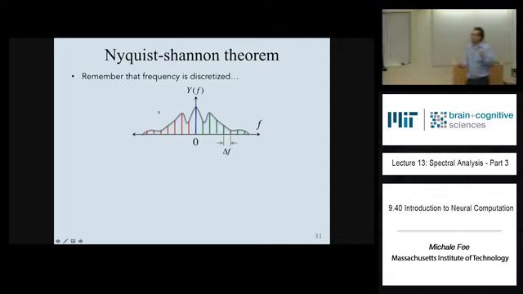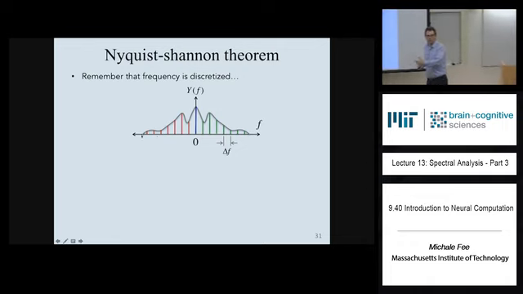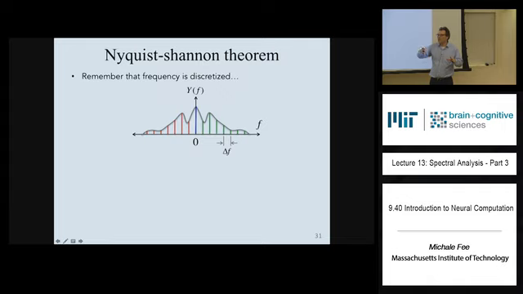So remember that when you take the Fourier transform of something analytically, the spectrum is defined continuously. At every value of f, there's a Fourier transform.